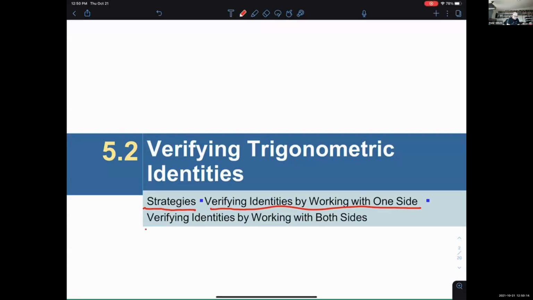And then also verifying identities by working with both sides, where maybe you do the same thing to both sides like you might do when you're solving an equation, as another possible strategy. So this is an overview of the three main things that we want to consider in section 2 of chapter 5.